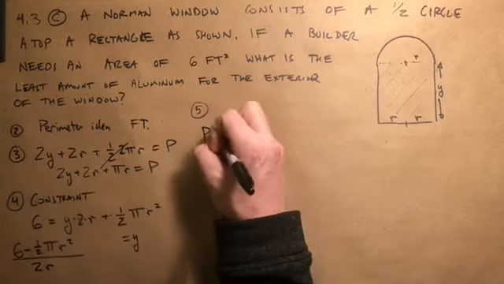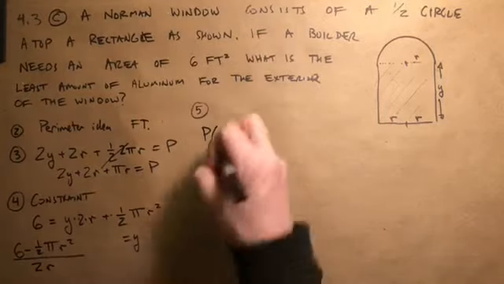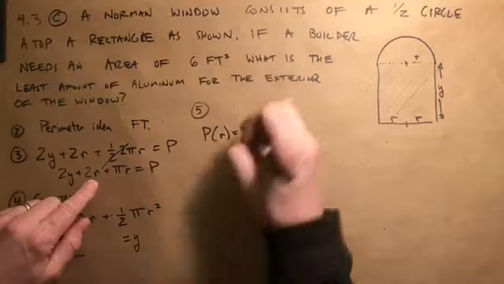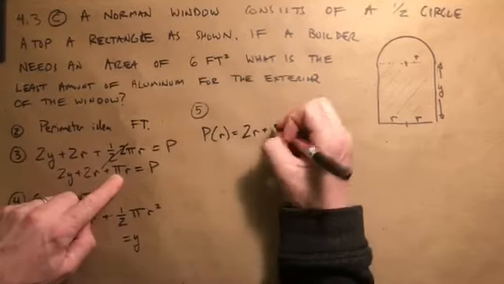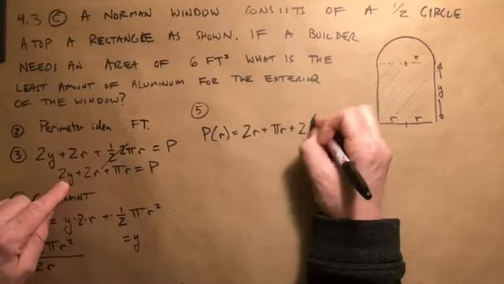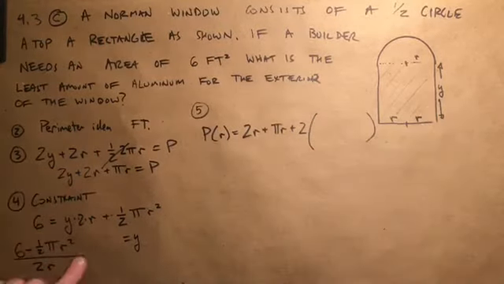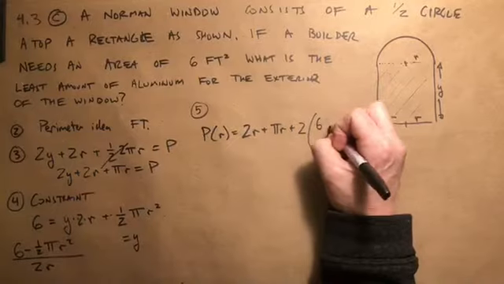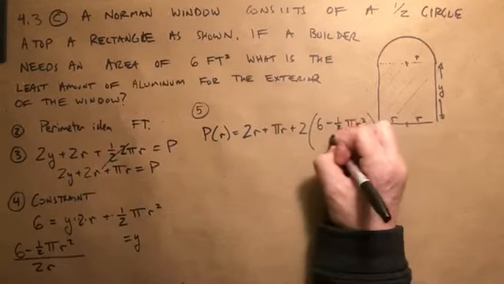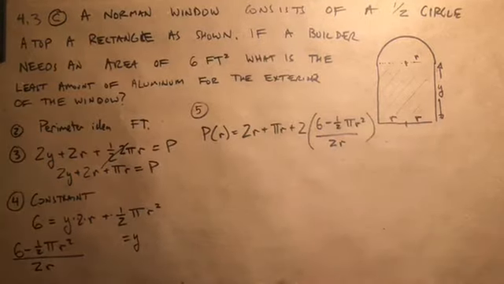Okay, so now that we have that, we can put it right there. We can say that P of r is equal to 2r plus pi r, and now I'm going to have 2 times that ghastly expression right here, 6 minus 1/2 pi r squared over 2r. Awesome.